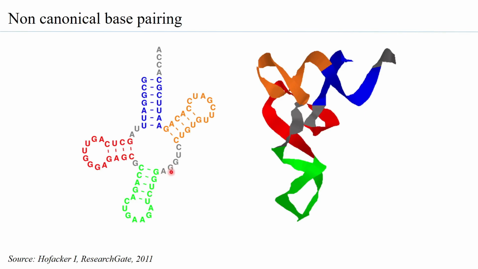This is the tRNA. The tRNA has a cloverleaf structure. As you can see, this is the acceptor arm where you have the CCA at one end. You have the dihydrouridine arm, the pseudouridine arm, and the anticodon arm over here.